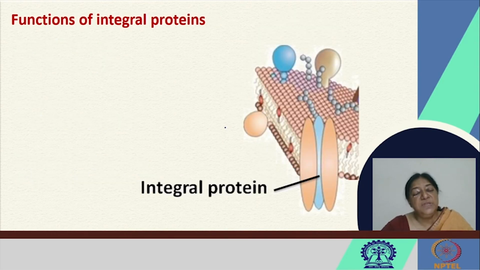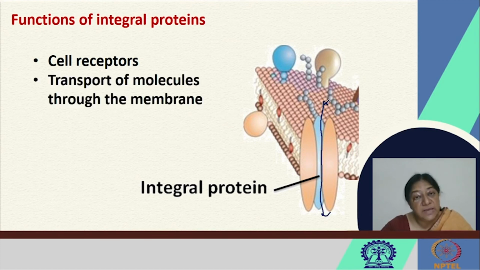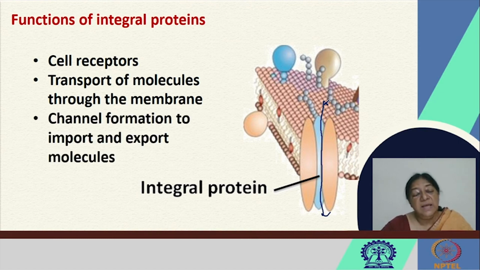The functions of the integral proteins are as cell receptors, because they traverse the cell membrane. They can transport molecules through the membrane, which is the most important function that they have, and they can form channels to import and export molecules, which is their main purpose in membrane transport.